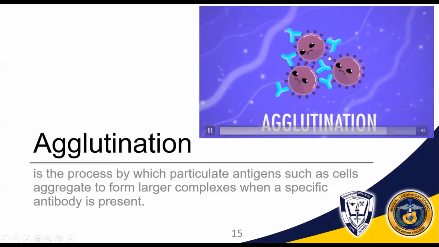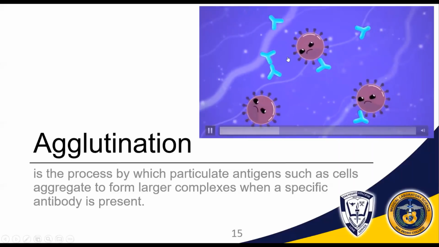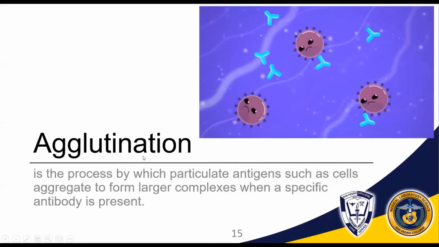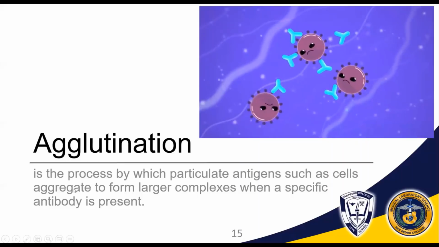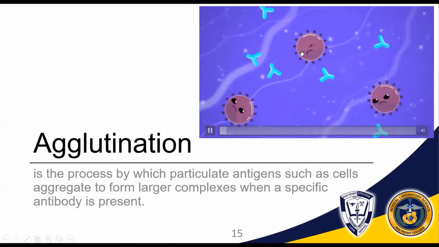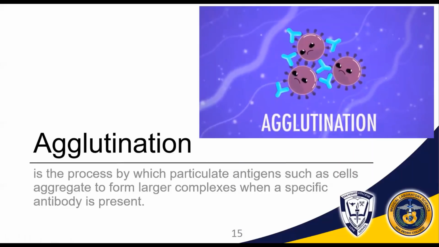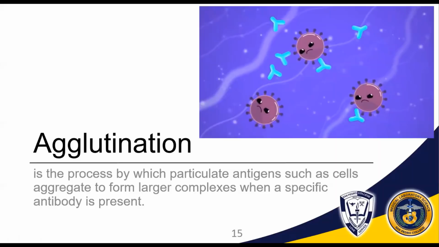Now, this cross-linking is visibly seen as agglutination or clumping. So, agglutination is defined as the process by which particulate antigens, such as cells, aggregate to form large complexes when a specific antibody is present.